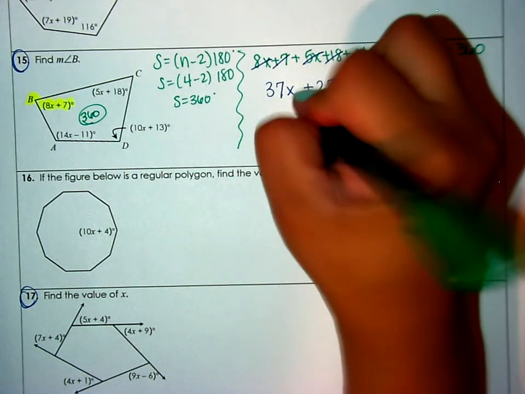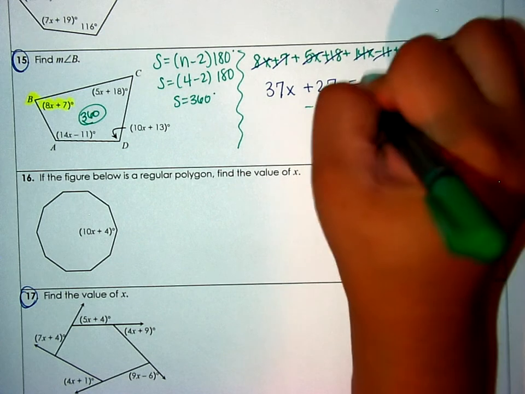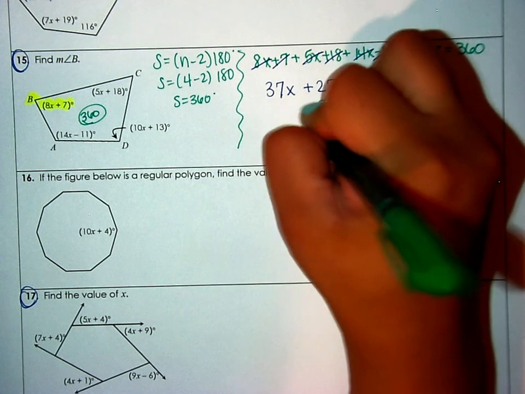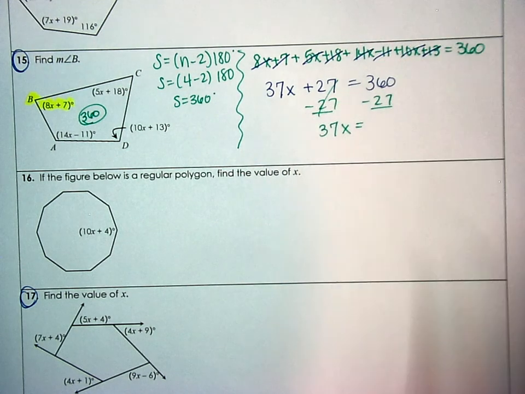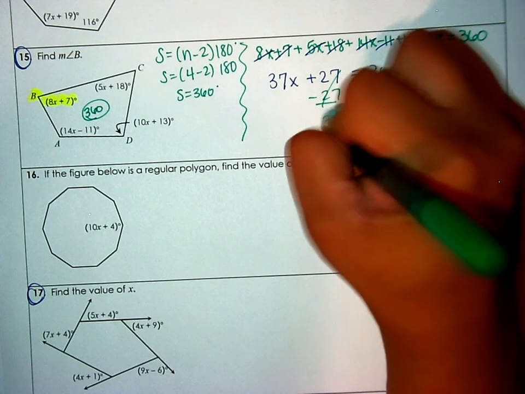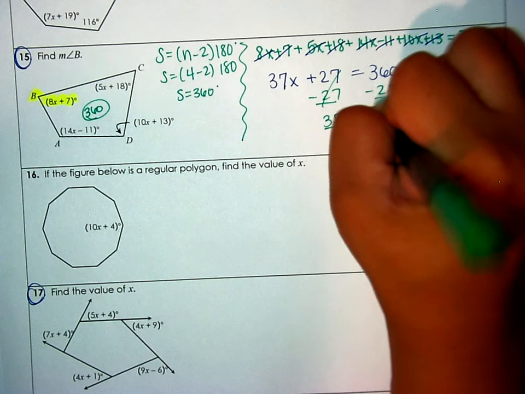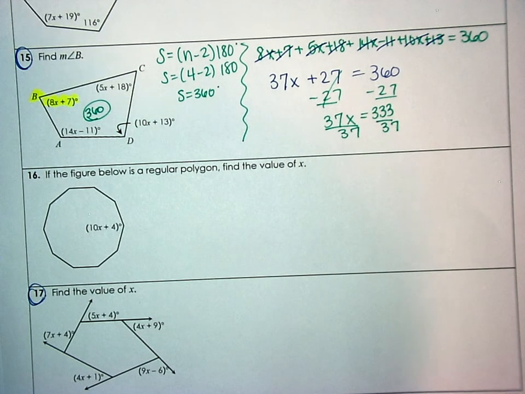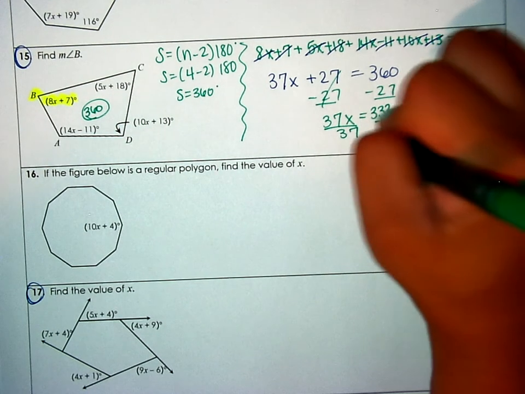So now I'm going to subtract 27 on both sides. 37x is equal to, so 360 minus 27 is going to give me 333. Divide that by 37. This should give us a whole number. And it gives us 9. So x is equal to 9.